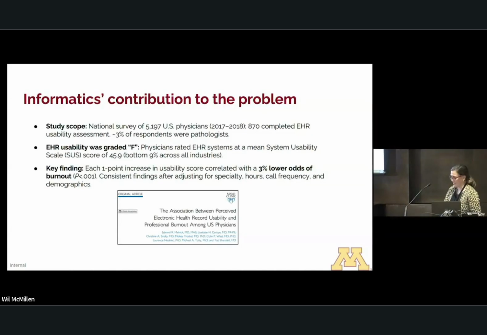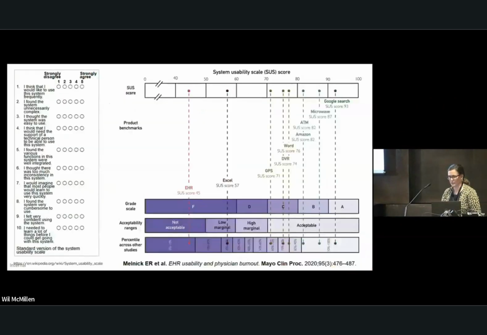I'll skip to the next slide, but the EHR, in comparison to other technologies, still does not perform well, which we knew. But what was interesting is that they correlated the perceived usability of the EHR with the odds of developing burnout, and found that respondents who find the EHR more usable were less dissatisfied with it, and also less likely to suffer from burnout.